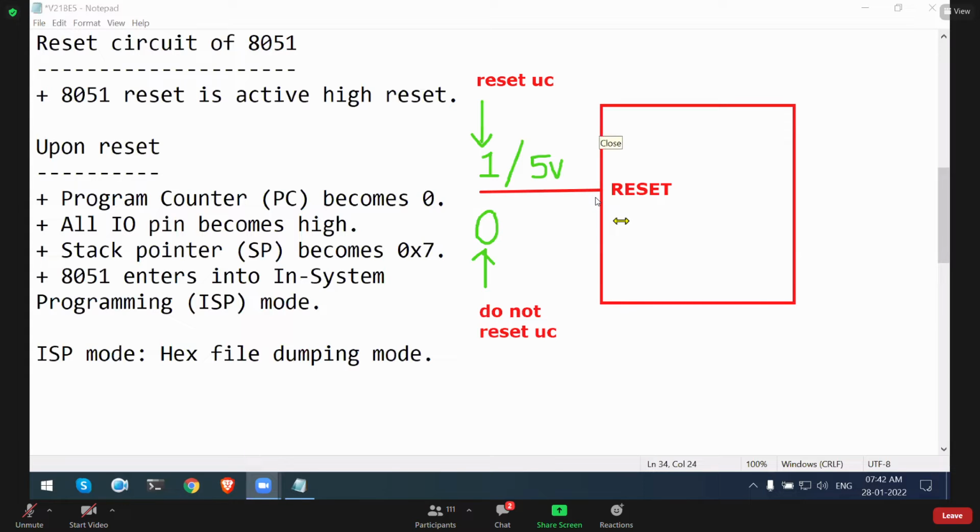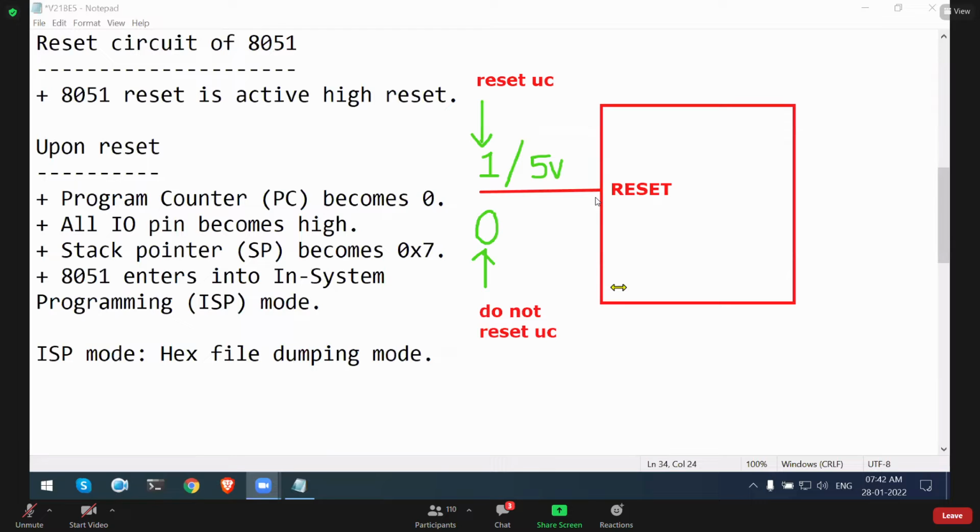But there is no such mandatory requirement that for input the pin has to be 1 or for output it has to be 0. That is not there. But yes, when it is 1, all IO pins will act as input pins. High means they are working as input.